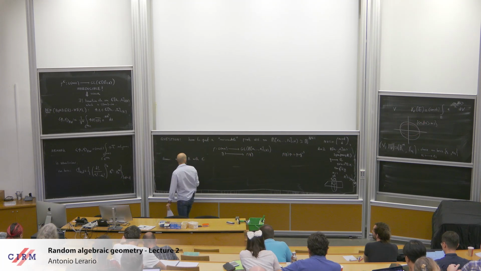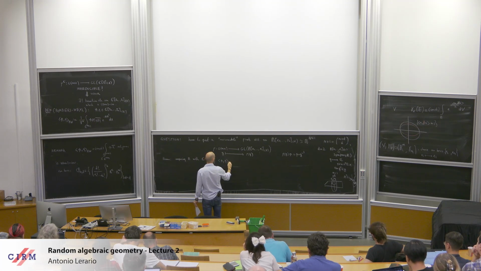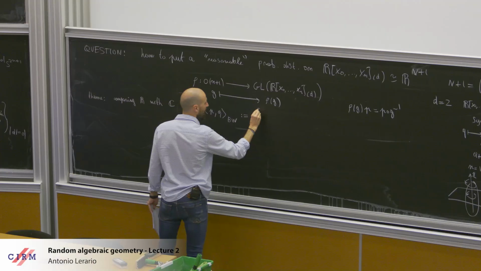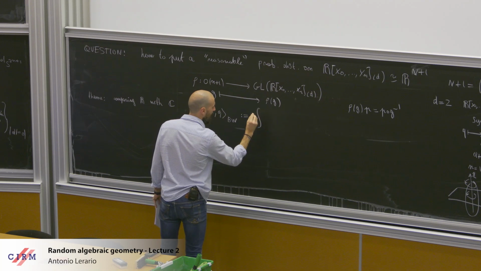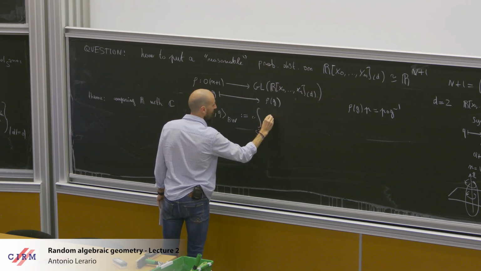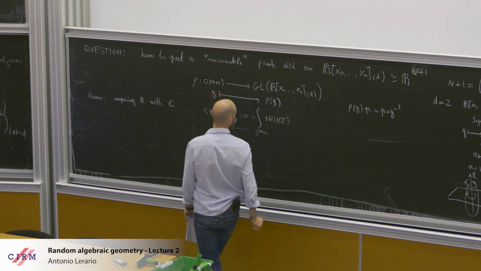So the Bombieri-Weil scalar product on the space of polynomials, I denote it the same way. I take two polynomials, these are now real. It's up to a constant again this integral on the sphere, where you just have to conjugate the variable if you want.